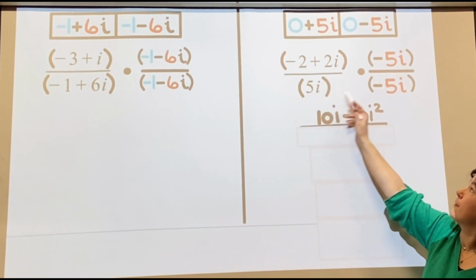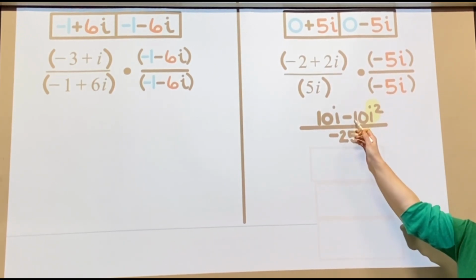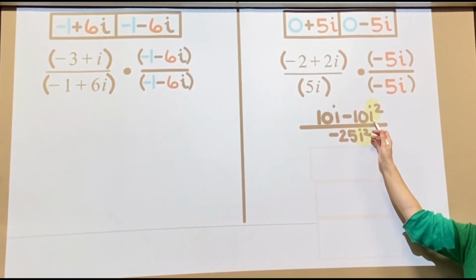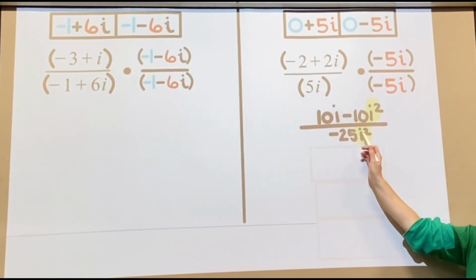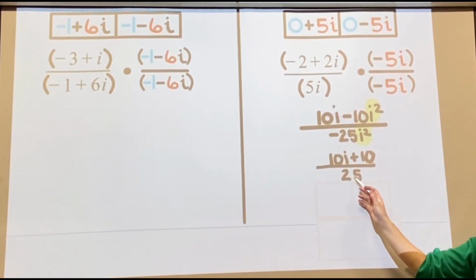In the denominator, 5i times negative 5i is negative 25i squared. I'm ready to go in and replace these i squareds with negative 1. So negative 10 times negative 1, that's going to make that plus 10. And negative 25 times negative 1 is going to make that positive 25.